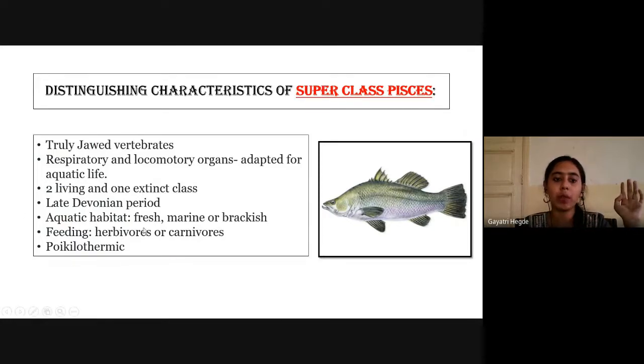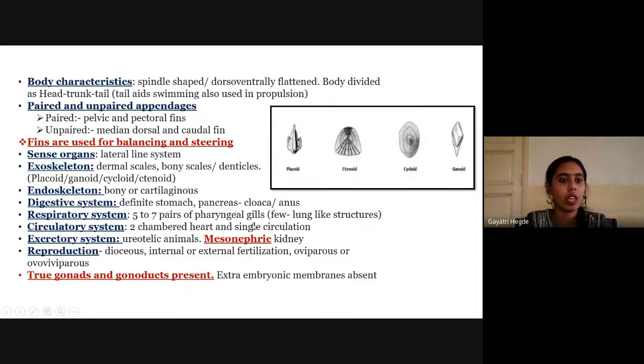Like feeding, some can be herbivorous fishes, some can be carnivorous fishes. So we will write that in Pisces, feeding can be herbivorous or carnivorous. Okay, where do Pisces live? They live in aquatic habitat, but this habitat can vary. It can be freshwater, it can be marine, or it could be a mixture of both, like brackish water. Okay. Next is coming to body characteristics.